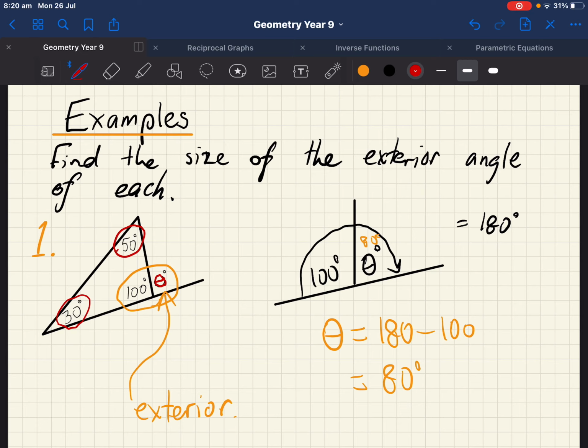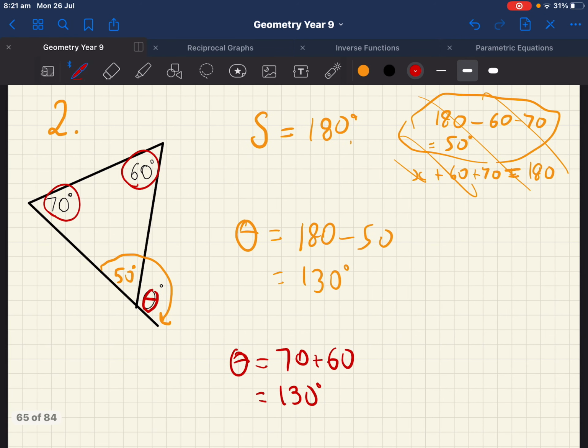What I mean by that is the angles inside the triangle on the opposite two corners. If you add them together, 30 plus 50, it also gives you 80 degrees. This isn't just a coincidence, this is always the case, which is actually going to make finding the exterior angle even easier than what we did here in this second example.